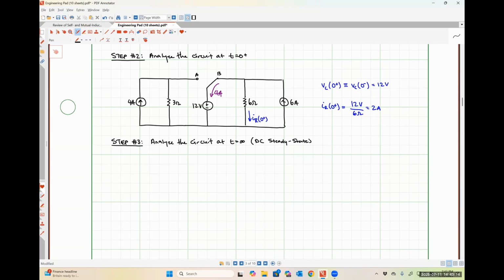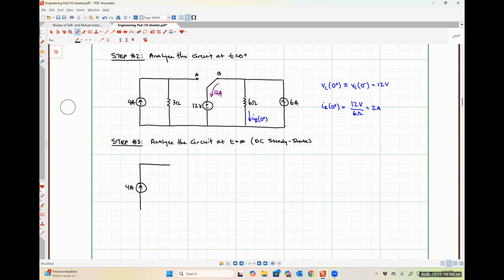So that means our switch is still going to be closed at position B, like we had at t is equal to 0 plus, but now our capacitor is going to look like an open circuit. So redrawing our system at t is equal to infinity should look like this.